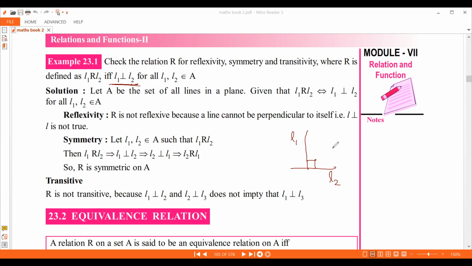This is very interesting. L1 is perpendicular to L2, and L1, L2 belongs to A. Check the reflexivity, whether they are reflexive or not.